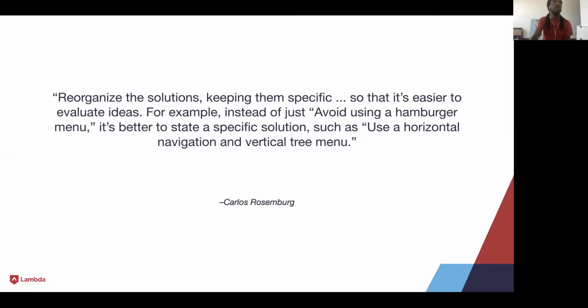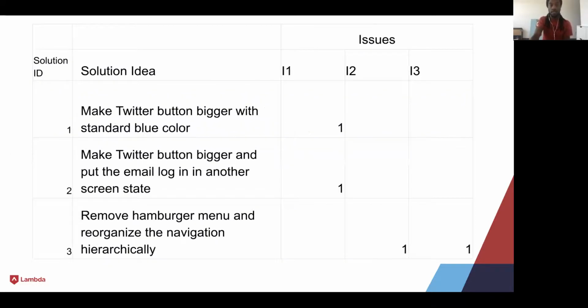So, brainstorm solutions. This is the table for creating our solutions based on the different issues that we'll have. Similar to our issues, we'll have a solution ID. You'll number your solutions, or like I said, however you come up with your ID system is up to you.